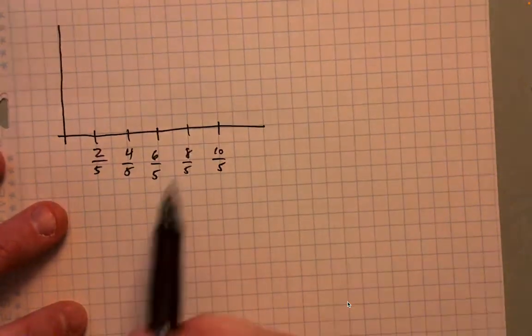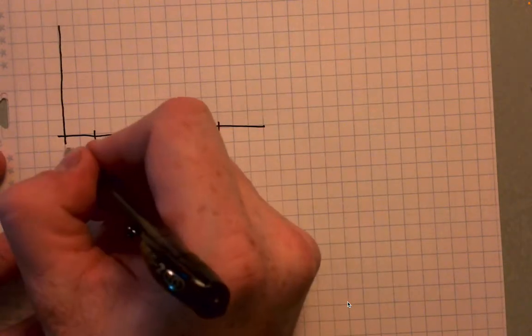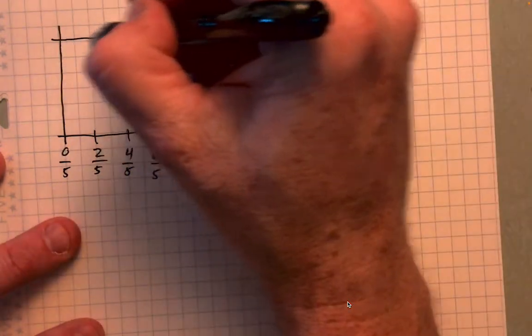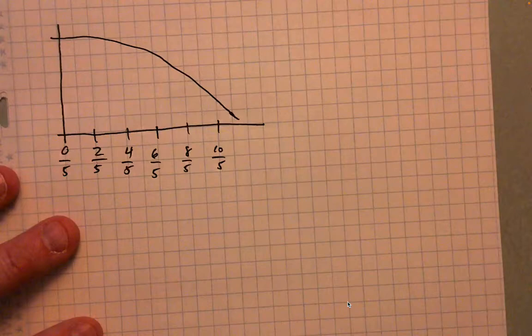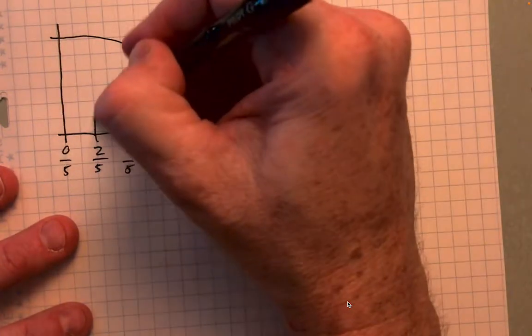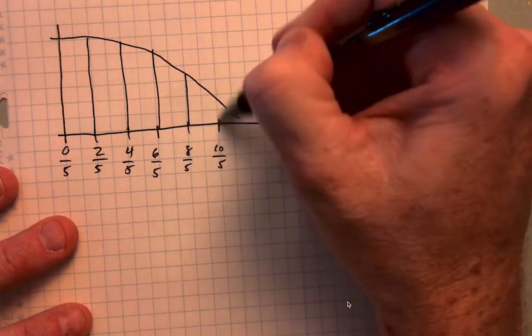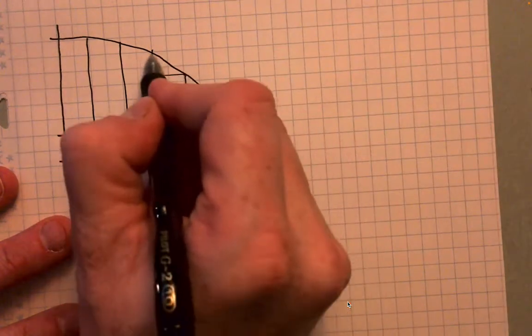So this goes from basically 0 up to 2. We'll put the same curve on there. Now here we've got our rectangles underneath, and we'll just draw it like this.